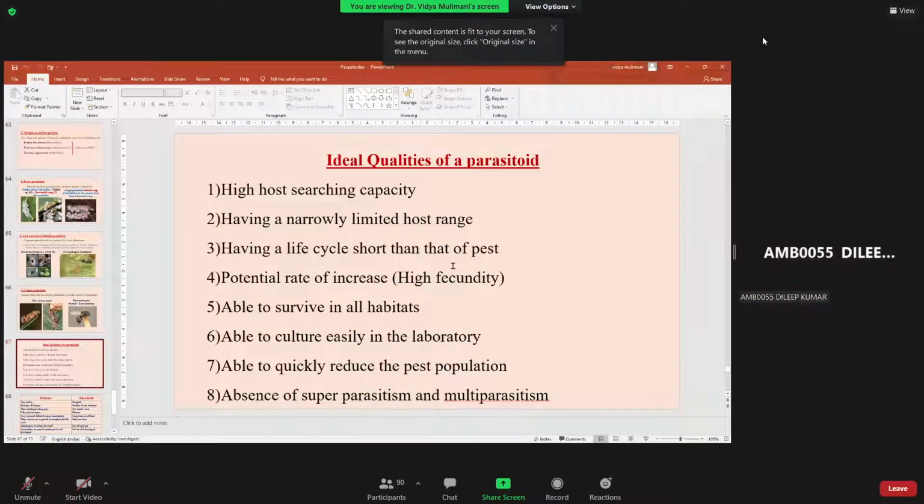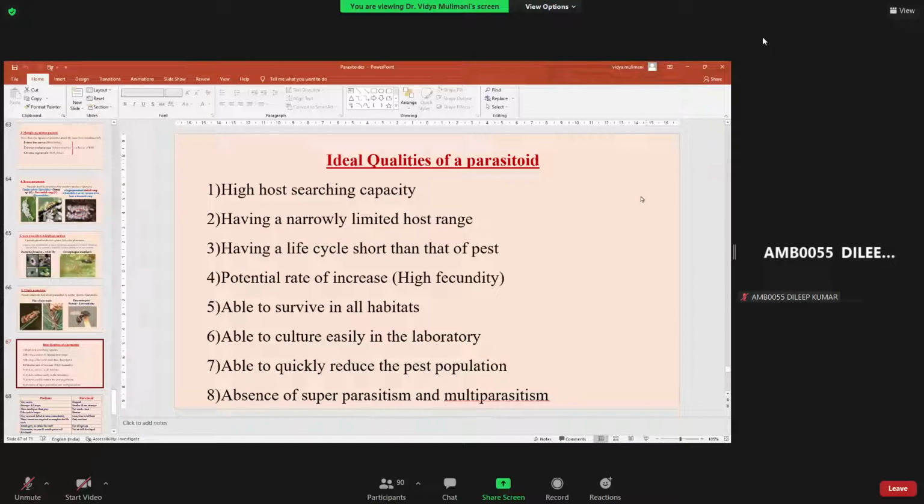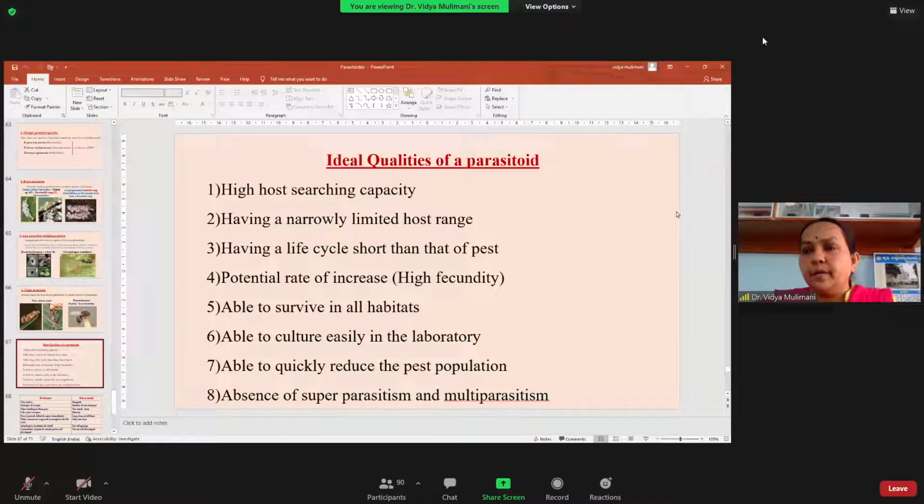Ma'am, how does multiparasitism affect an ideal parasitoid? For example, you have released a larval parasitoid, which has attacked the larva and laid eggs in your released field. Suppose there is another parasitoid also preferring the same larvae, so there is a competition.